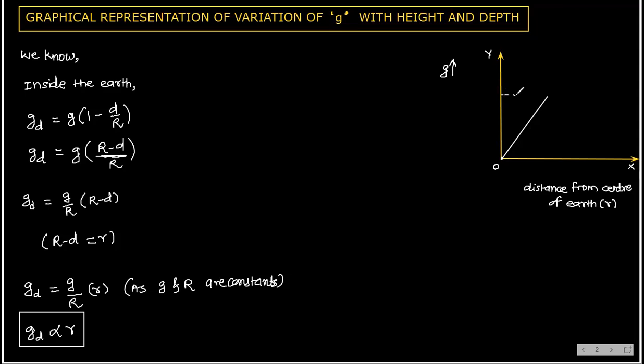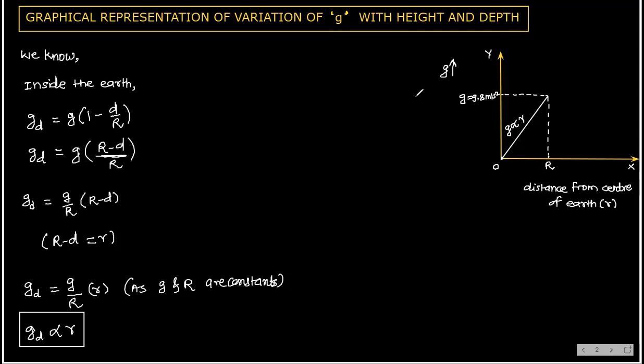At this point, g is equal to 9.8 meter per second square. And this distance from the center is capital R. Therefore here g is directly proportional to small r, where small r is equal to R minus d. This graph, you understood till here? Any doubt?